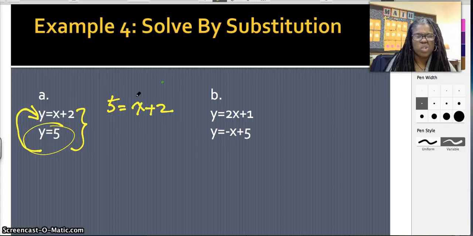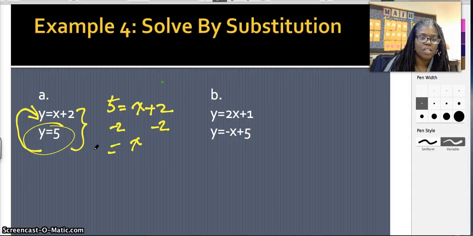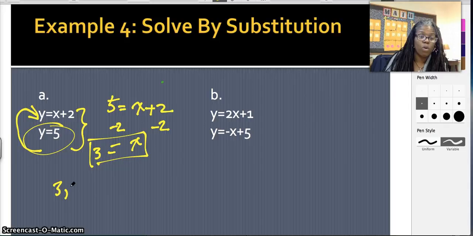Now that's just a one variable equation, and I can knock that out. I isolate the x by subtracting 2 on both sides, and voila, x is equal to 3. Not that big a deal. We already had y is equal to 5, so my ordered pair, or the solution, is 3, 5.